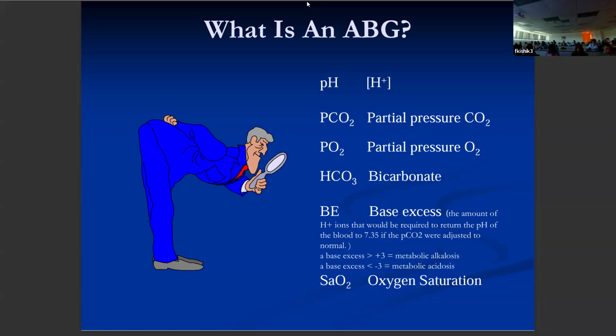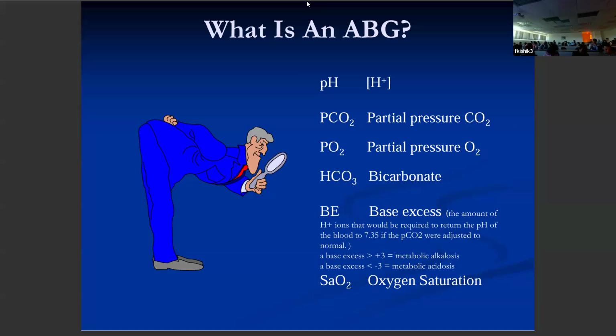Does that make sense? This is primarily used for metabolic problems. Remember that. So in respiratory states, this is typically normal. In metabolic abnormalities, this tends to get whacked out. Okay, so your patient that comes in with diabetic ketoacidosis.